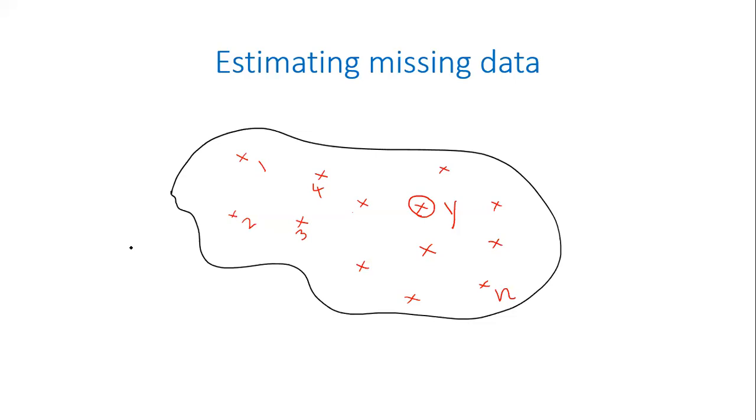For example, if I tell you that Chennai received very, very high rainfall in 2015, and then I tell you that a place 10 kilometers away from Chennai also received high rainfall, you will not be surprised.